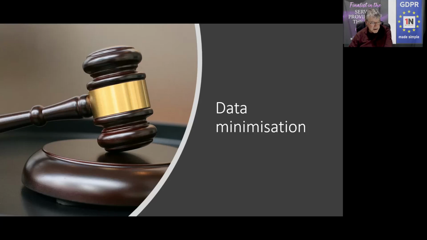Next is data minimization. You've got to hold the minimum amount of data that you actually need to do whatever it is you say you're doing with it. Now, most of us do that naturally anyway, but it is surprising, particularly if you've got a CRM, a customer relationship management system, or you're holding the data even on a spreadsheet but performing the same purpose as a CRM, that we learn extra things about people and we record them.